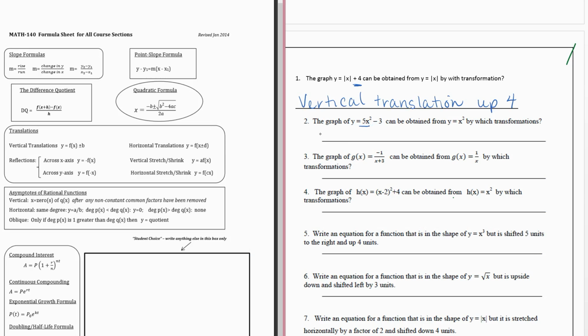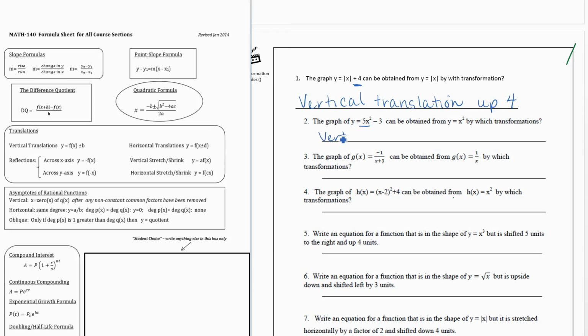So we'd say a vertical stretch by a factor of 5. And then subtracting 3 from the end, that's our vertical translation. So we'd say and down 3.